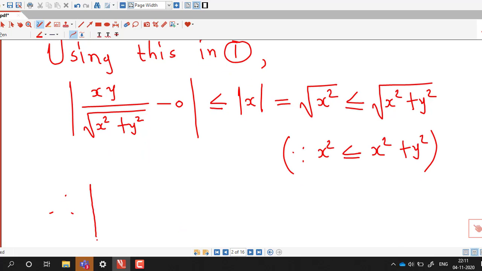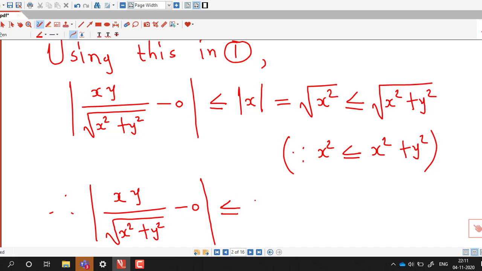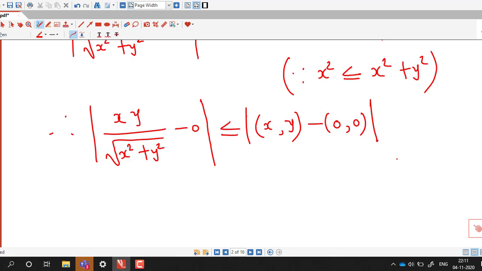So what we obtain, distance between xy over square root of x square plus y square and 0 is less than or equal to square root of x square plus y square, which is nothing but distance between ordered pair (x, y) and origin, that is (0, 0). So we can give this number 2.